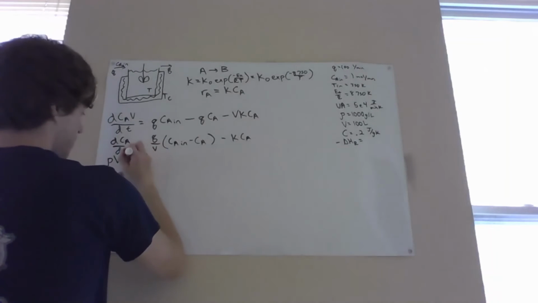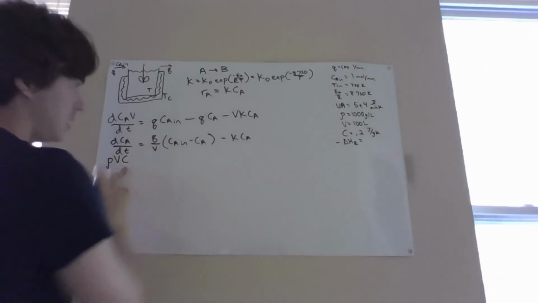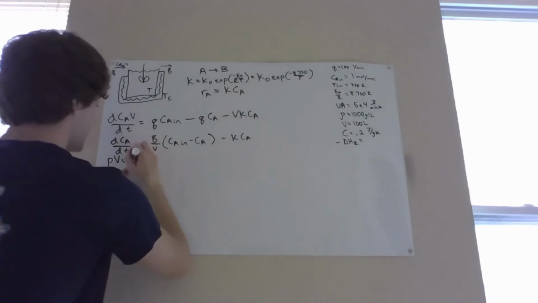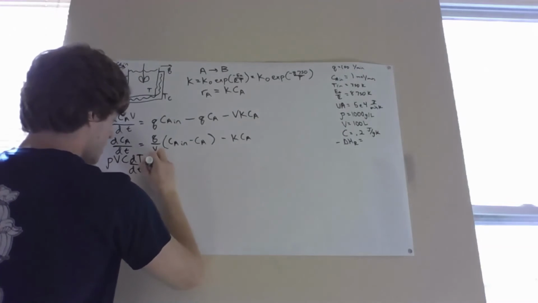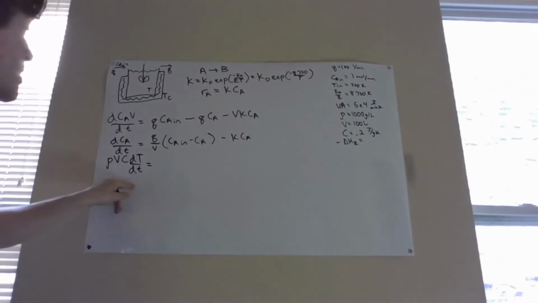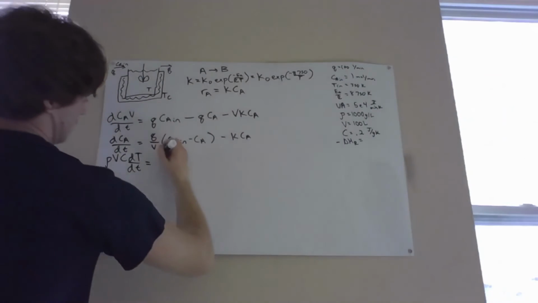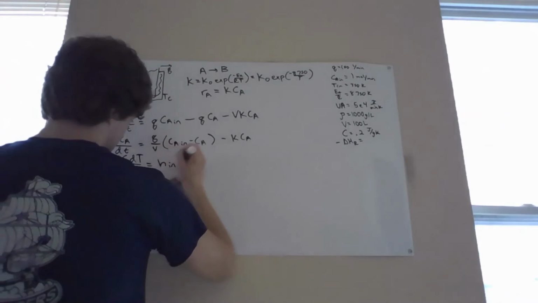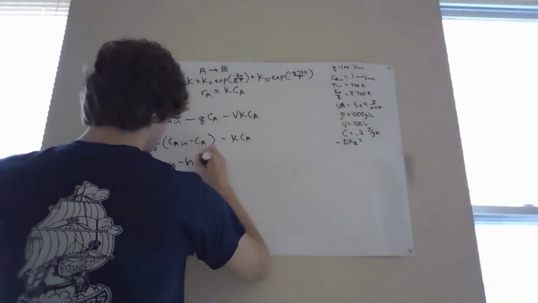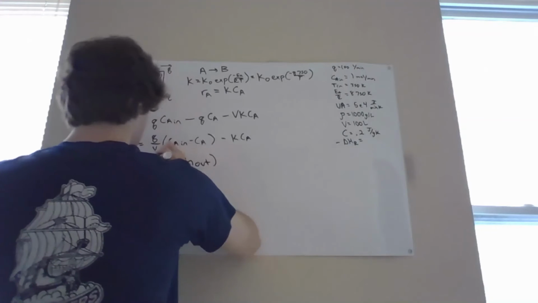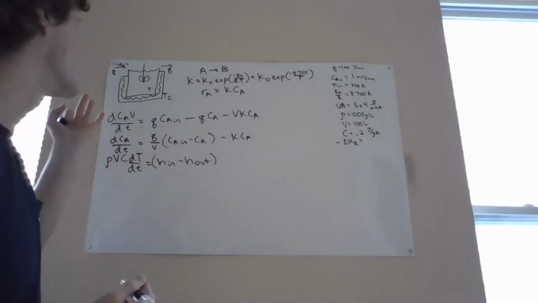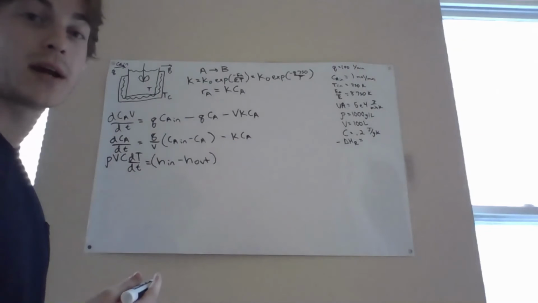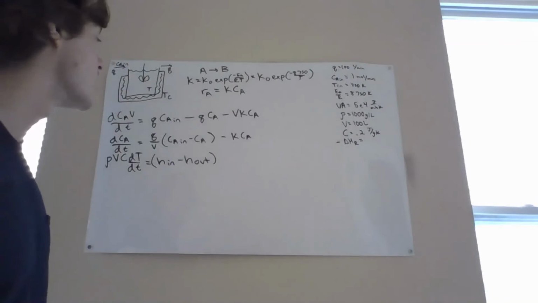And to get the total internal energy, we'll multiply by the specific heat capacity and the change in temperature with respect to time. And this will be equal to the total enthalpy in minus the total enthalpy out. And we also have a rate of heat transfer between the contents inside the reactor and the cooling jacket.